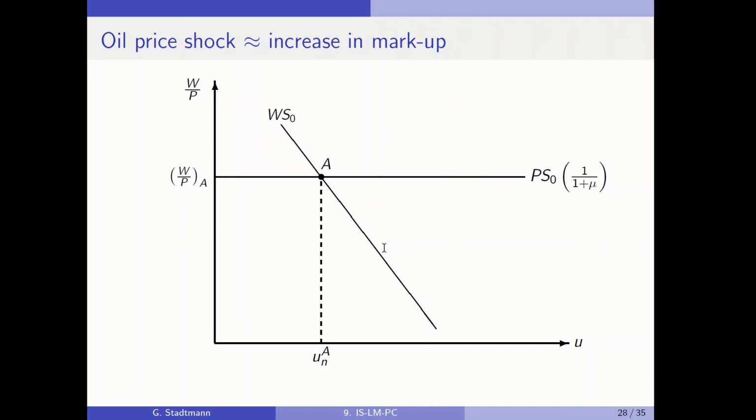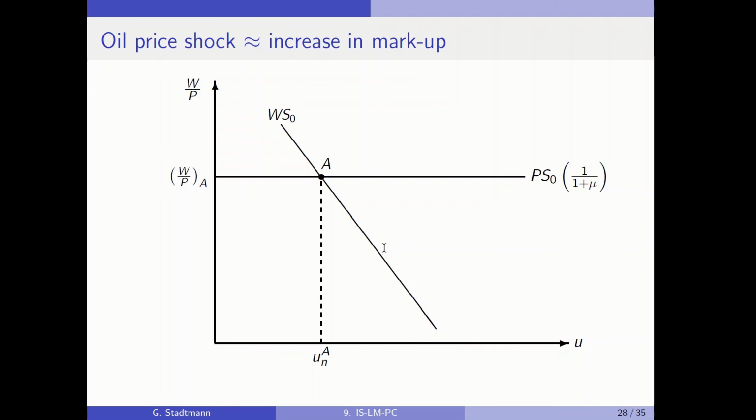We have one problem. We are working with a very simple production function. Y is equal to N. Labor is the only factor of production, and hence, to some extent, it's problematic to consider an oil price shock in this model. But we want to assume that an oil price shock can be modeled as an increase in the markup.